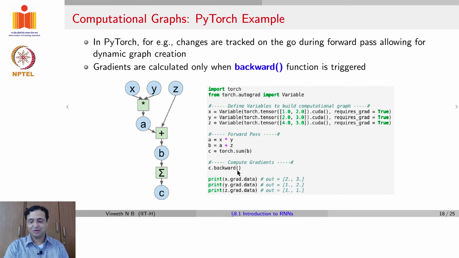It could be loss for training a neural network, or if you're just evaluating an expression, you could just say c.backward in this particular example that we saw. When you do c.backward, the PyTorch framework triggers the computation of the gradients, and you can then print out the gradients of every edge or every gradient in your expression computation.